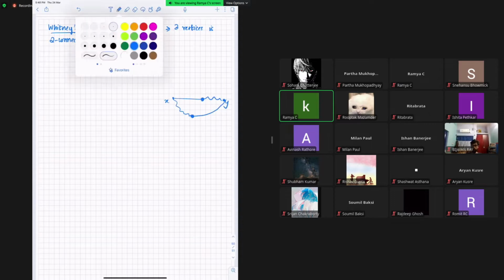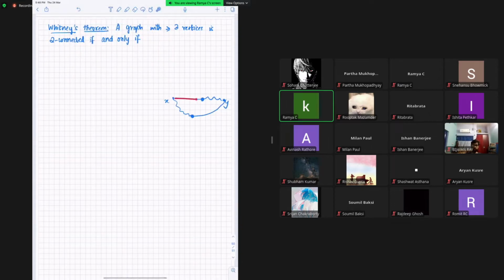Now, can this edge be a cut edge? Or if I remove any vertex on this path, will the path between x and y be disconnected? No, right?